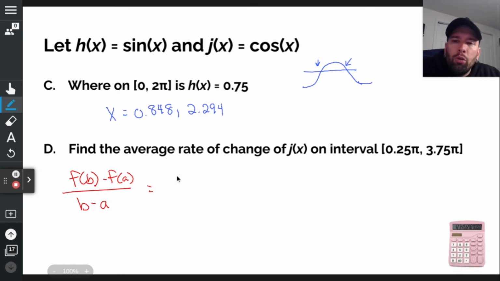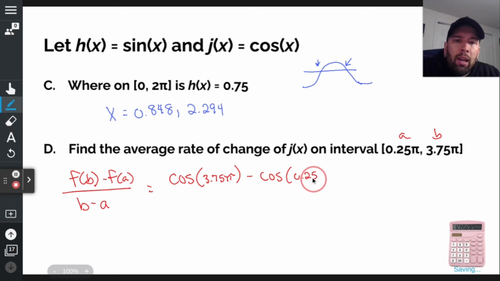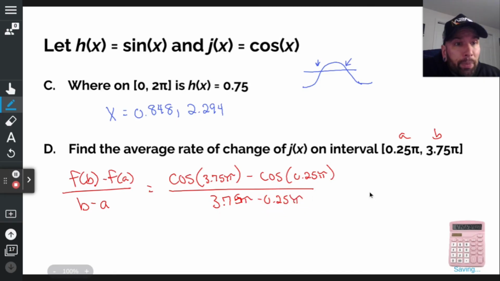J, which is cos of, remember, you're my a, you're my b, cos of 3.75 pi minus cos of 0.25 pi all over 3.75 pi minus 0.25 pi. Well, you're not going to get a pleasant answer.